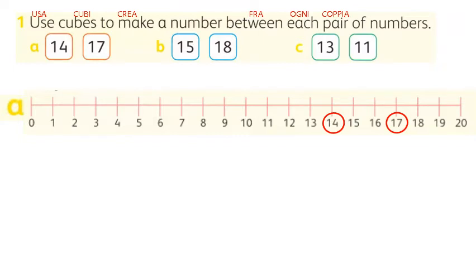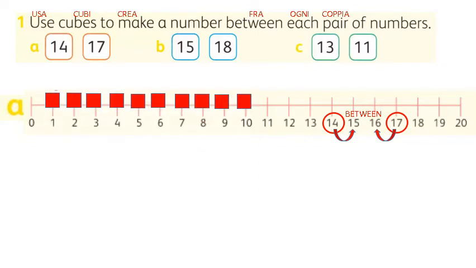And our numbers between are the numbers that are more than 14 and less than 17. So with our cubes, 10, 11, 12, 13, 14, 15, 16. 15 and 16 are between 14 and 17.